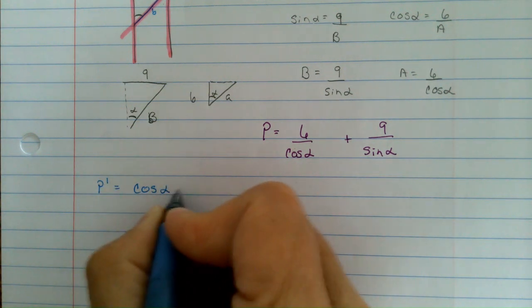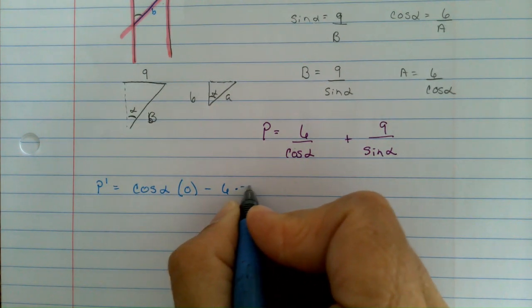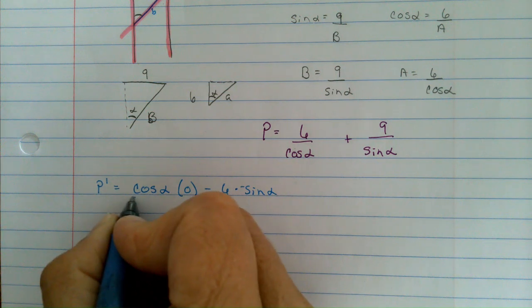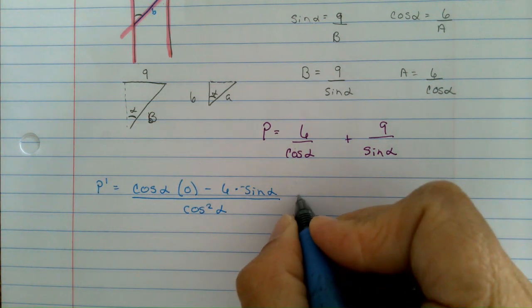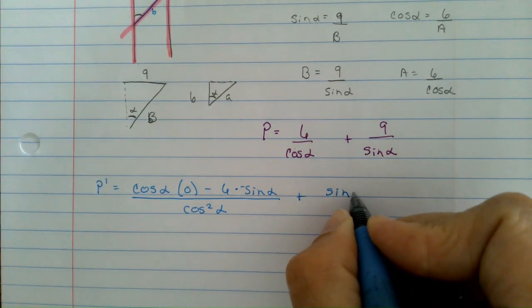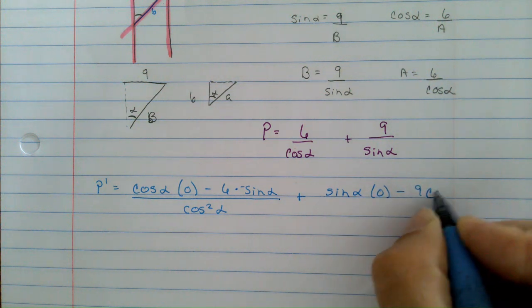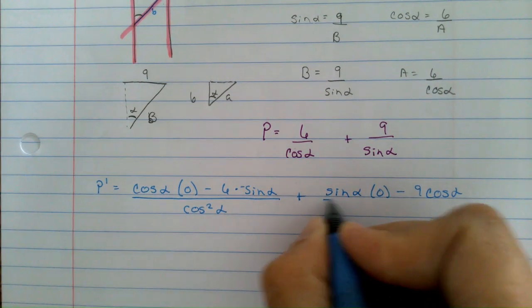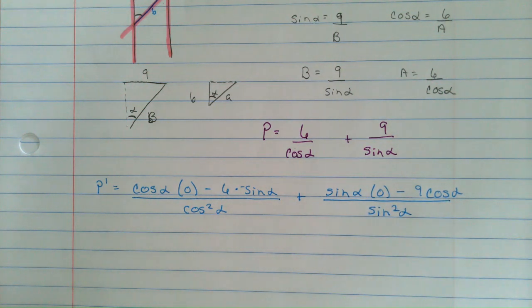Low D high minus high D low, plus low D high minus high D low.